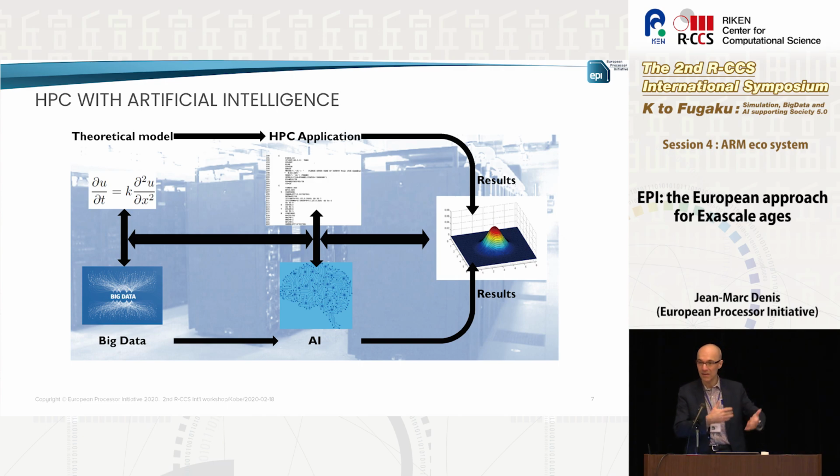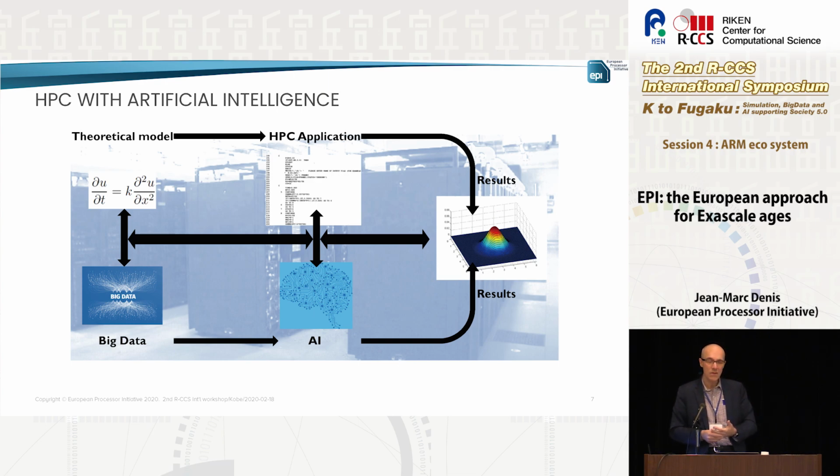And we start mixing the two all together. The output of one model becomes the input of the other one, or in the different steps of the whole process, we start mixing classical models with artificial intelligence results and models.